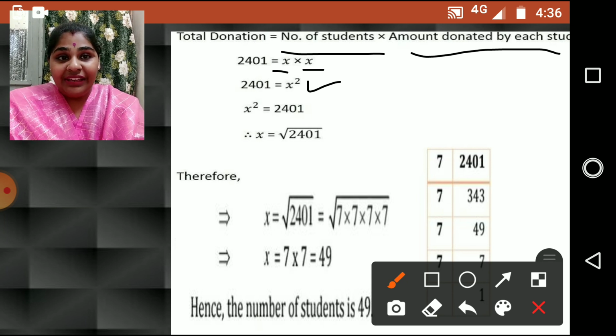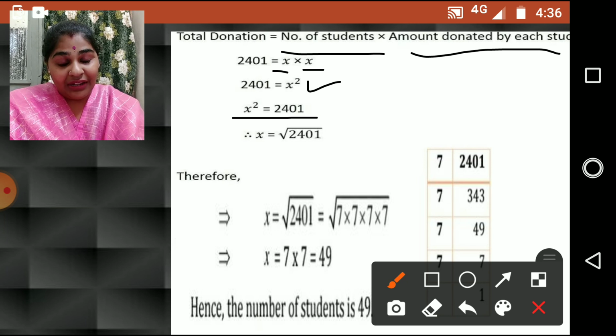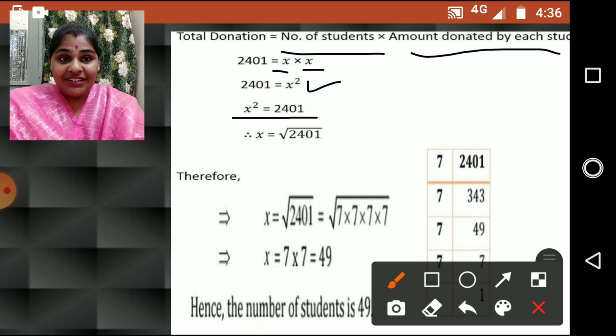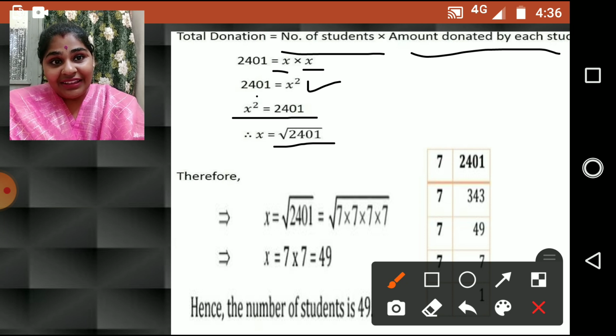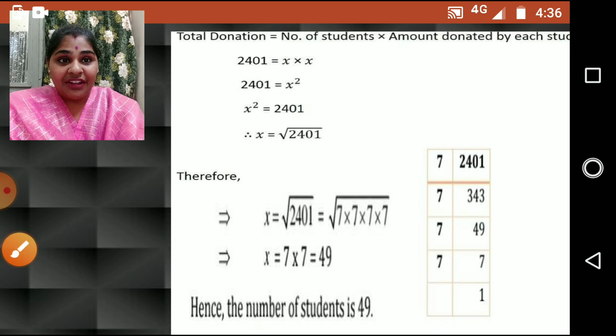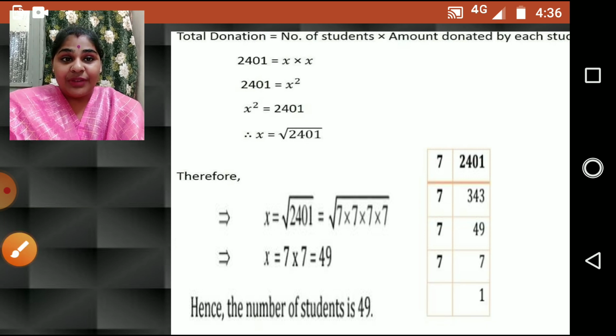So now x square is equal to 2,401. Now we have to find the value of x, right? So x will be equal to under root of 2,401. This x square, when I shift it to the other side, becomes square root, right? So x is equal to square root of 2,401.